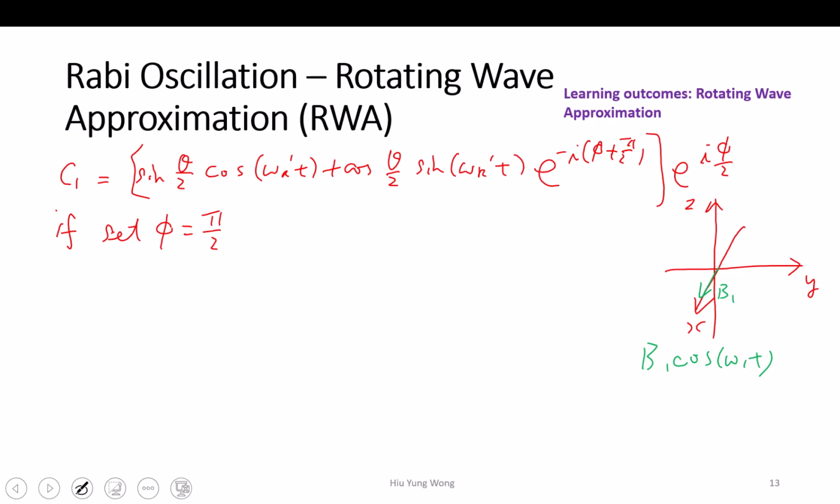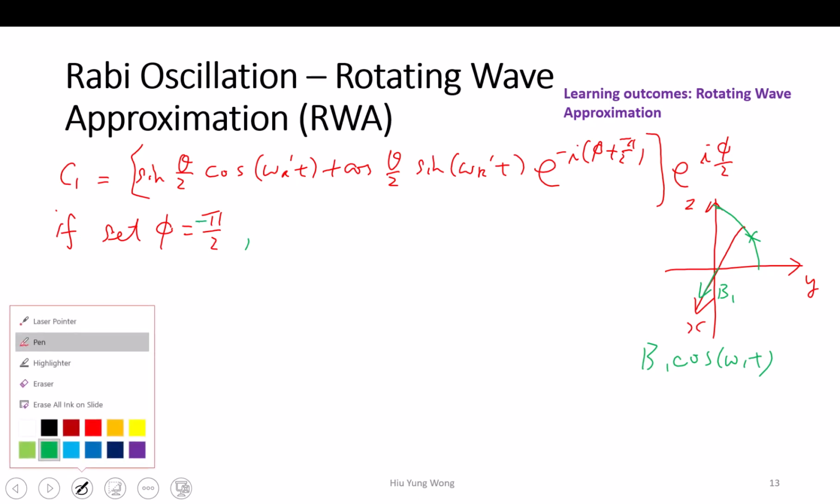If I set phi equal to pi over 2, it means my initial states are those states on the zy plane. For example, it will be something along this plane. I said the wrong thing again, it should be negative pi over 2.